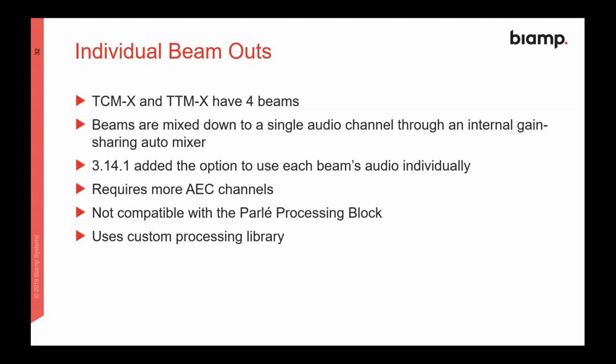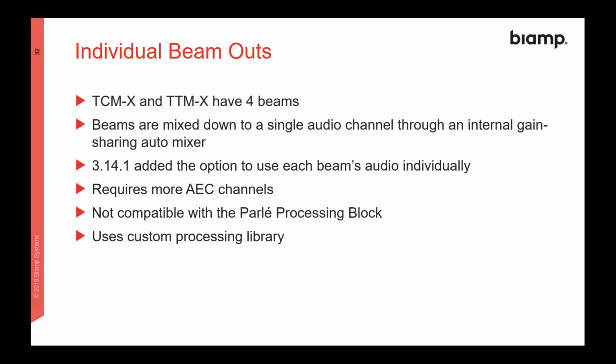Internally, we have this mixed down by a gain sharing auto mixer built into the microphone. It's not the same gain sharing auto mixer that you would use if you were doing a regular DSP file in Tessera. It's a little different, but for all intents and purposes, it's a gain sharing auto mixer doing that mixing.